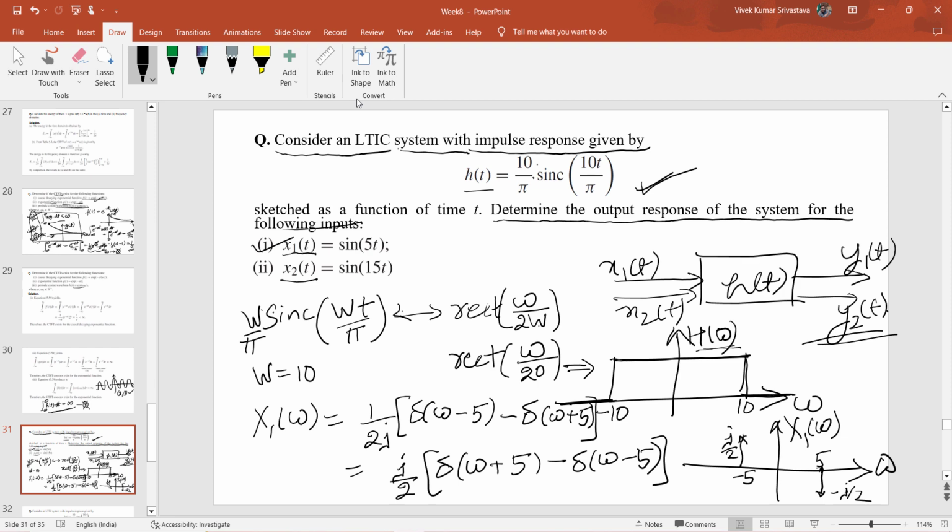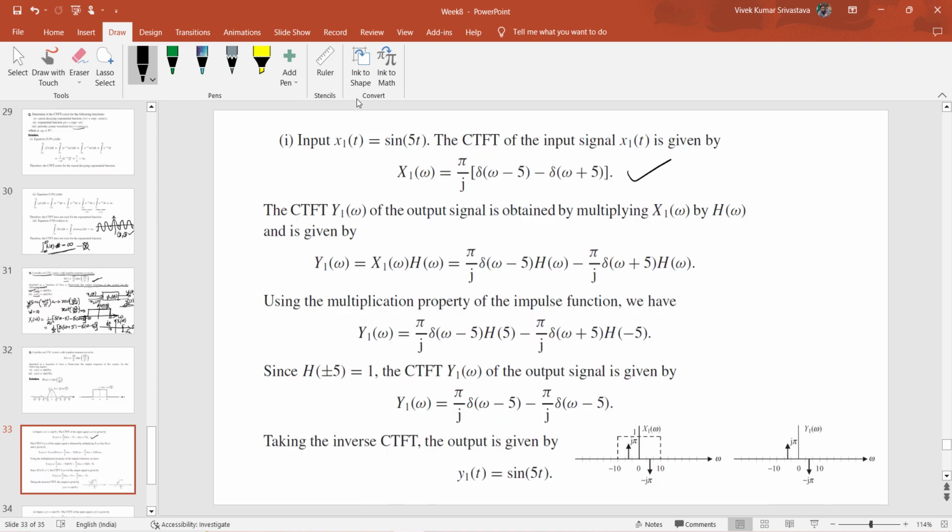Now we can multiply these two to get the response Y1 of omega. Y1 of omega is equal to X1 of omega times H of omega. As we know, delta will exist only for omega equal to omega naught, which is why I am writing H of omega as H of 5.